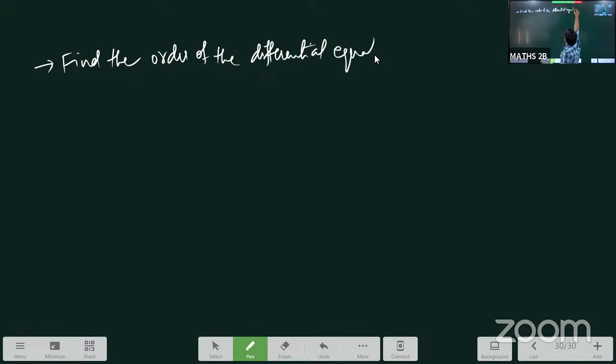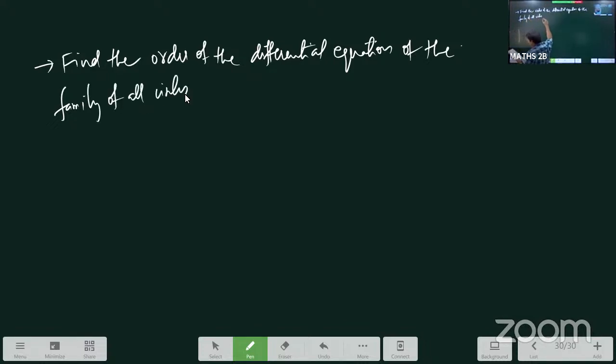Find the order of the differential equation of the family of all circles with their center at origin.